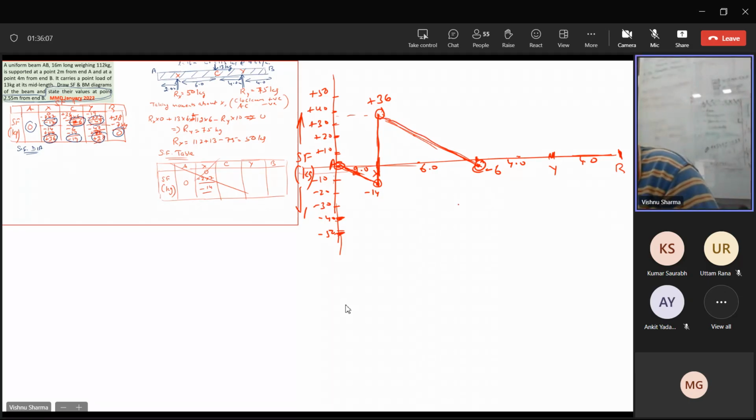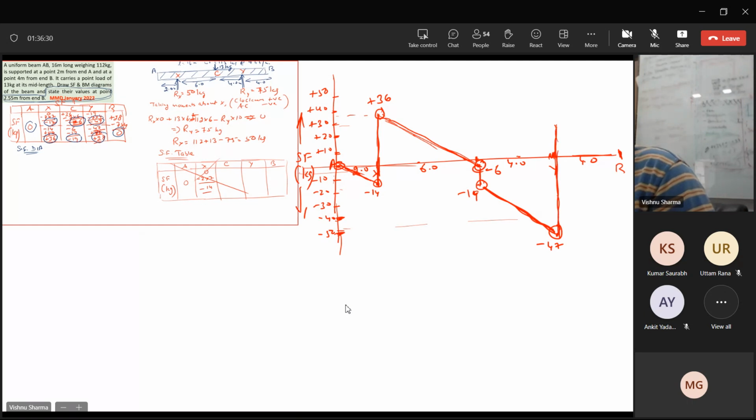From minus 6 it goes to minus 19. Minus 19 it goes to minus 47. It goes to plus 28. And it becomes 0.